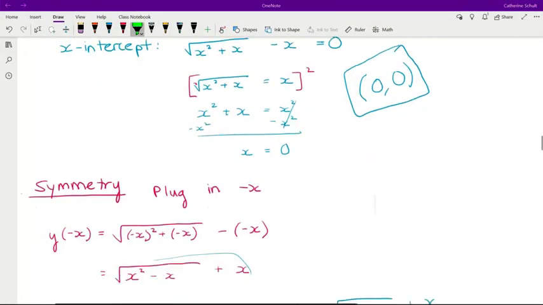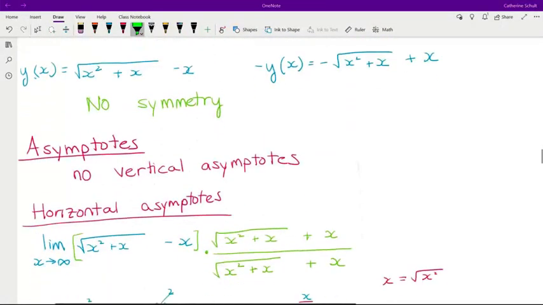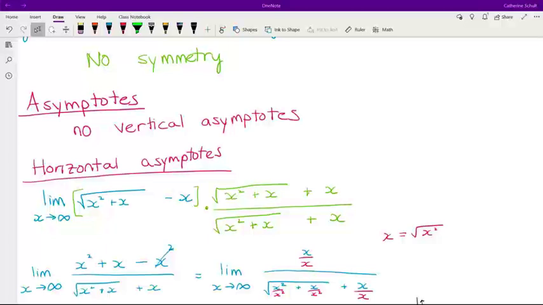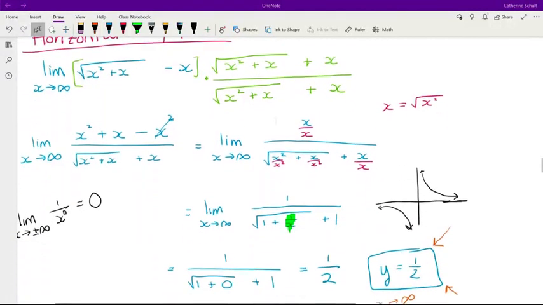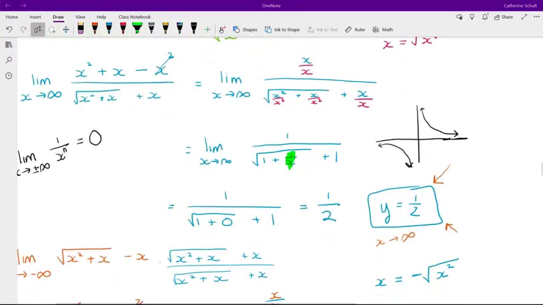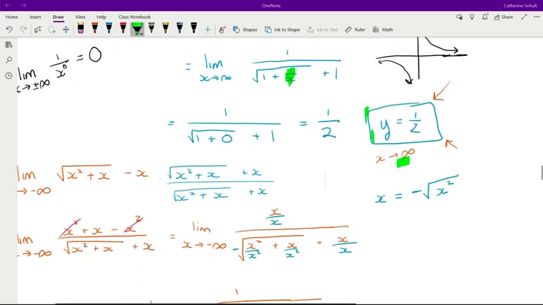Okay. No symmetry, no vertical asymptotes, but we do have a horizontal asymptote. As x goes to positive infinity, our horizontal asymptote is y equals 1/2. So we'll put that on the graph as well.